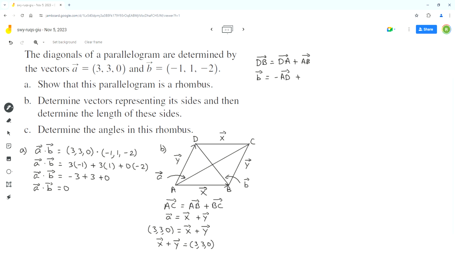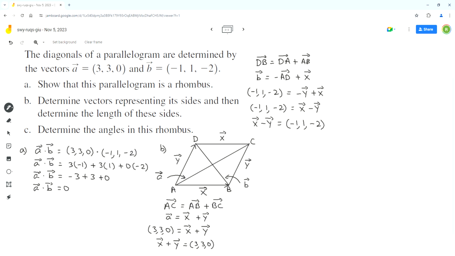And vector AB is vector X. Now we can sub in the given vector B, and vector AD is vector Y. Now we can rewrite this equation as, so this is our second equation with vectors X and Y.